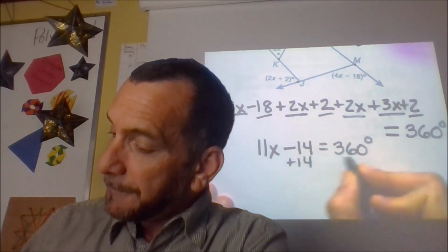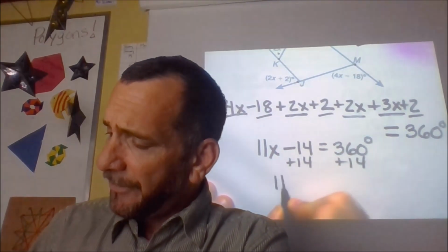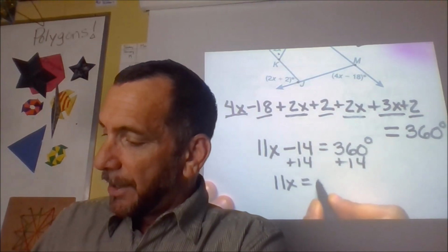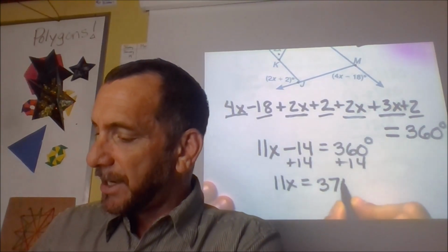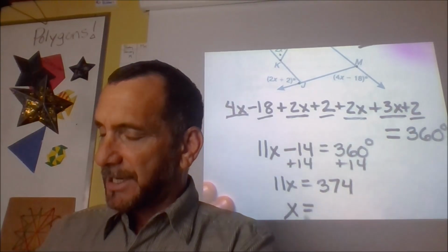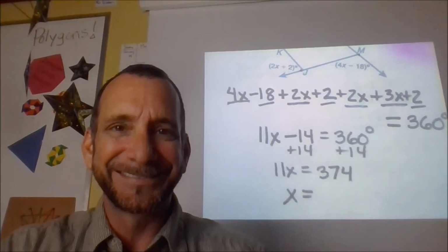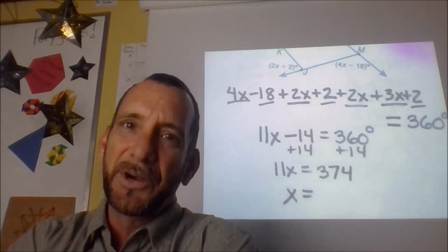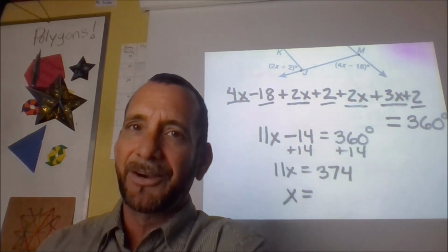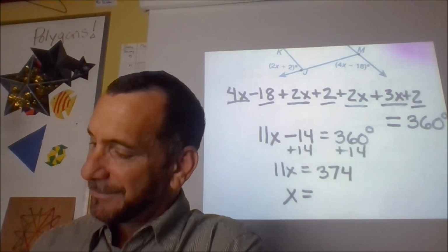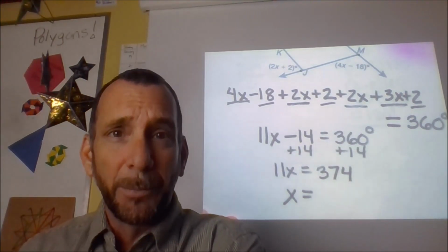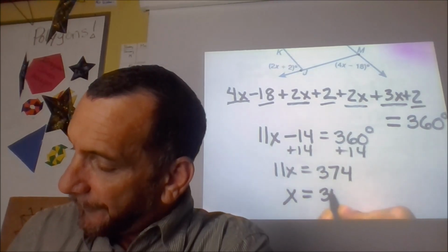Add 14. 11x equals 374. Do I know that off the top of my head? I'm going to use a calculator. I went off to the side and used my calculator, and can you believe it? X is a whole number, 34.